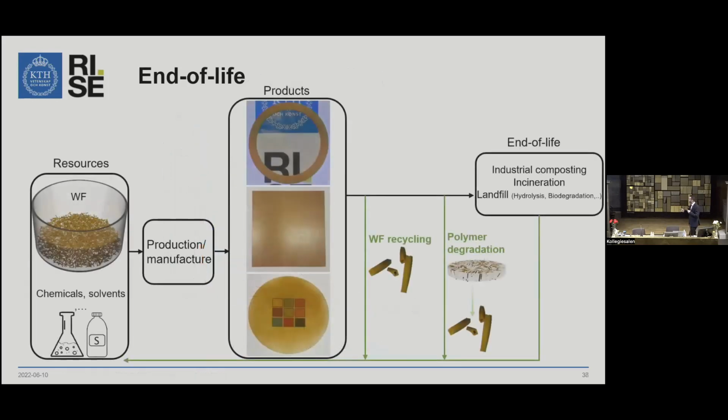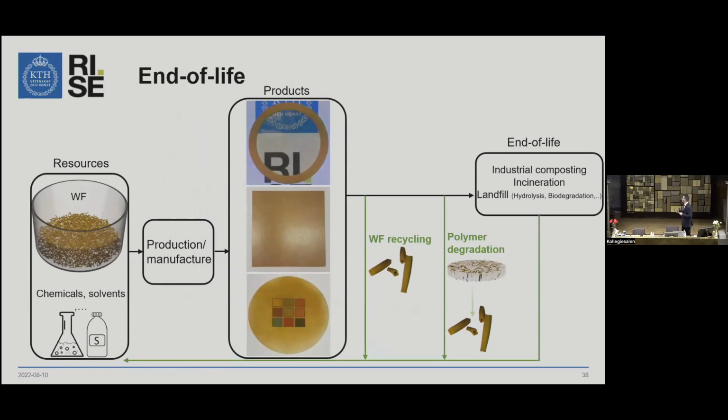So overall, we have been able to create different products from high yield, high lignin containing kraft wood fibers. And we have showed that we can do wood fiber recycling. We can degrade the polymer, and possibly we can recycle the wood fibers.